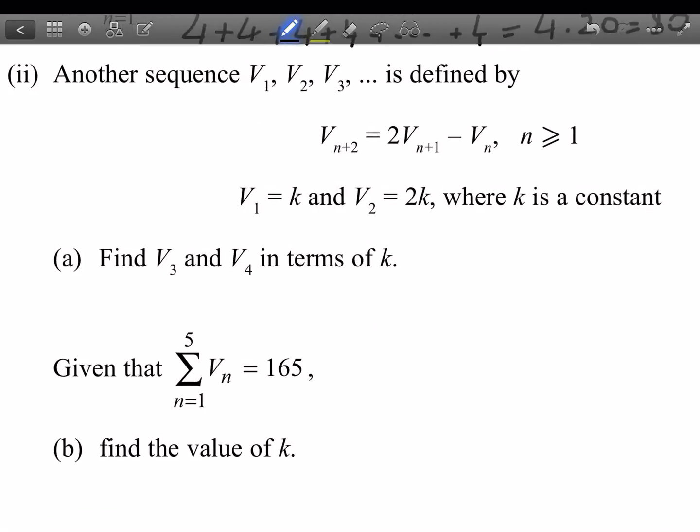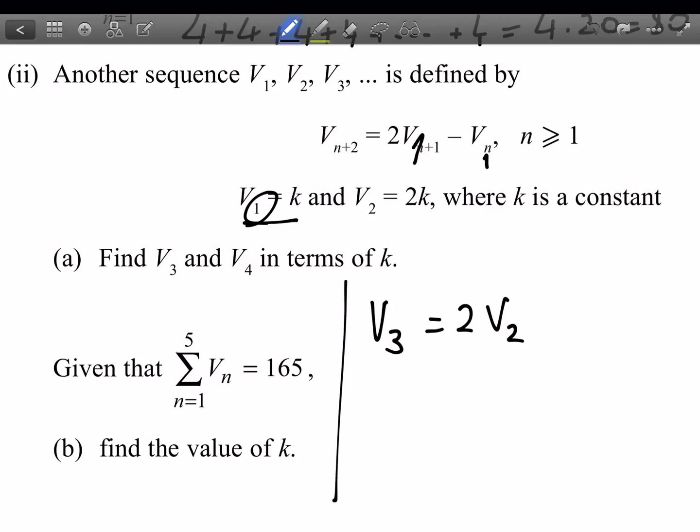We have another sequence here, and it is a little bit harder, but we will apply the same procedure. For example, we will just write 1 instead of n. So v3, as you see, 1 plus 2 is equal to 2 times v2, we add here 1 plus 1, minus v1. N is greater than or equal to 1, that's really important.